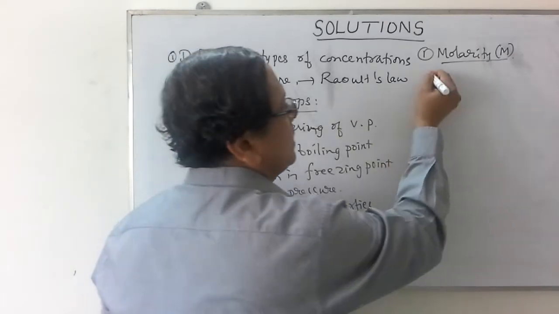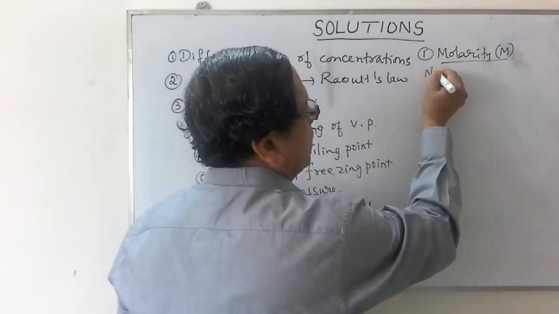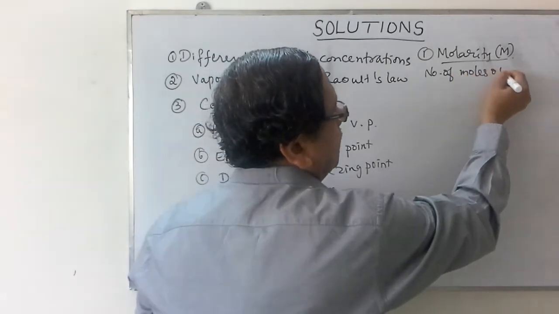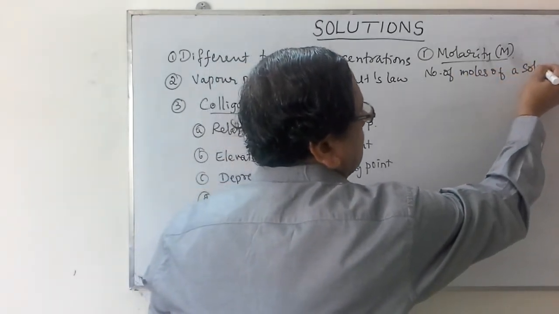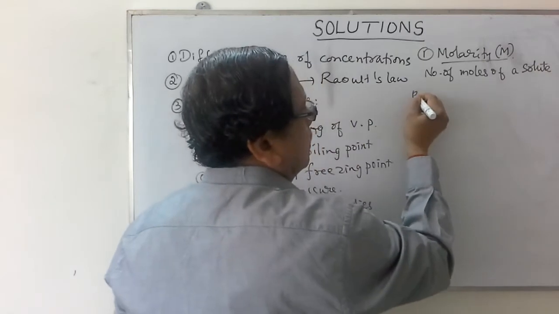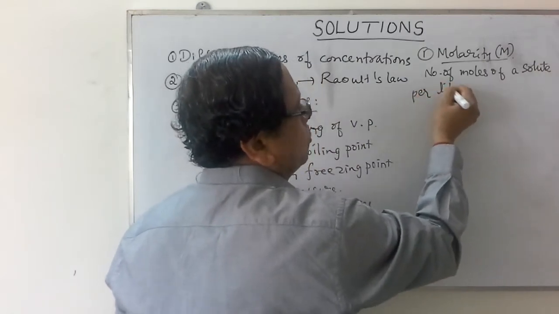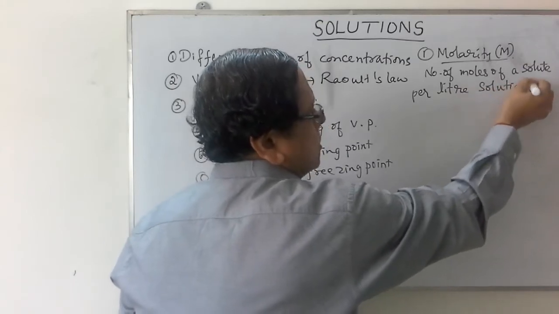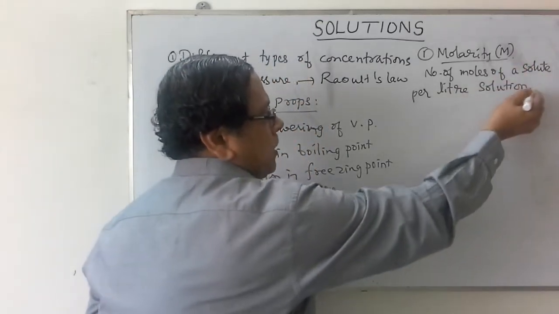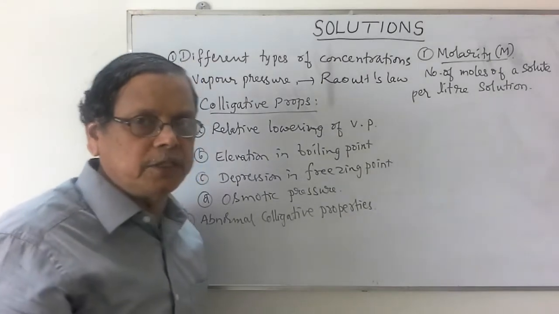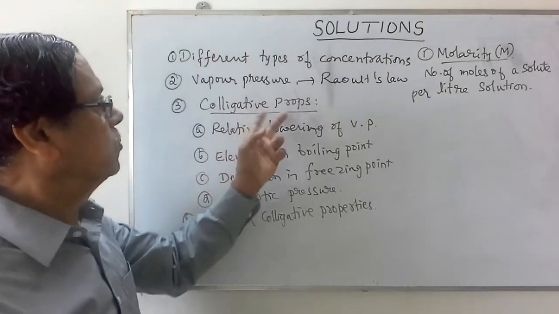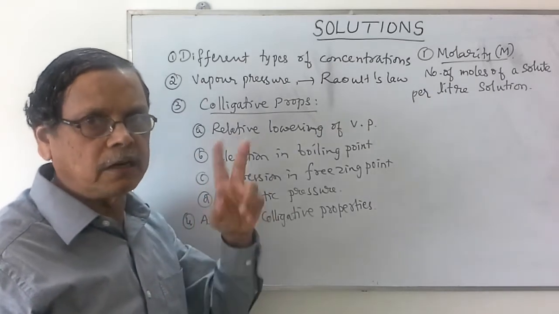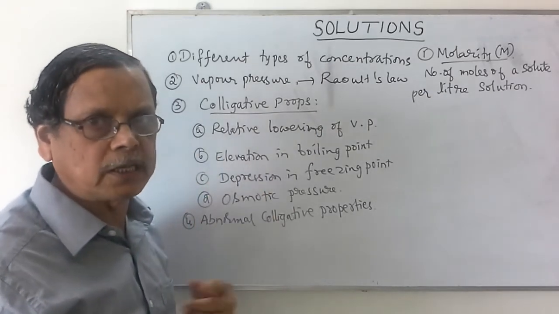This molarity is defined as the number of moles of a solute per liter of solution. As far as this solution chapter is concerned, we use solutions which contain only two components. One component is called the solute, the other component is called the solvent.